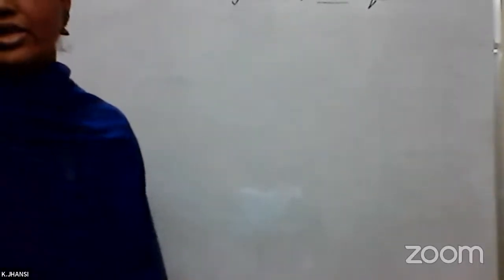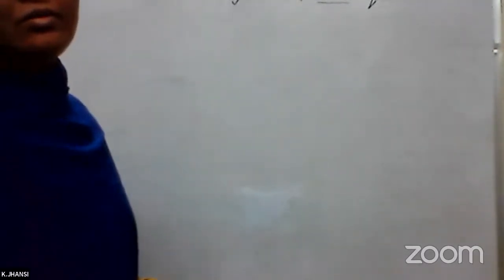Next we'll go to unit 9. It is the characteristic roots and characteristic vectors, and the Cayley-Hamilton theorem. Okay.